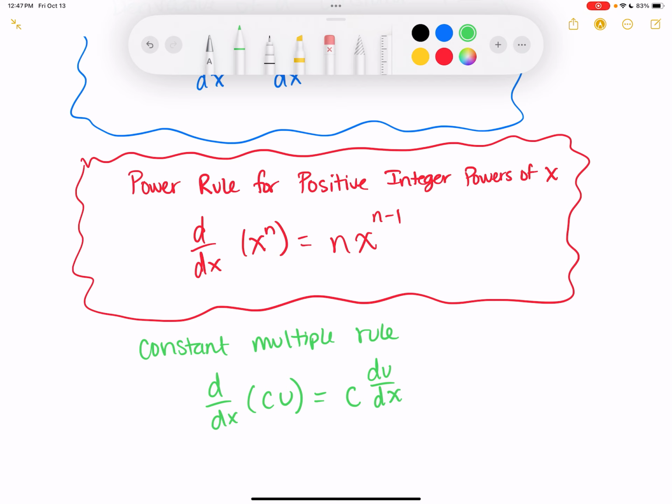Essentially, you have a function that you can take a constant out of, and then you take the derivative of the rest of the function that was left, but you're still multiplying it by whatever that constant number was. It's kind of hard to picture, but it's pretty easy.